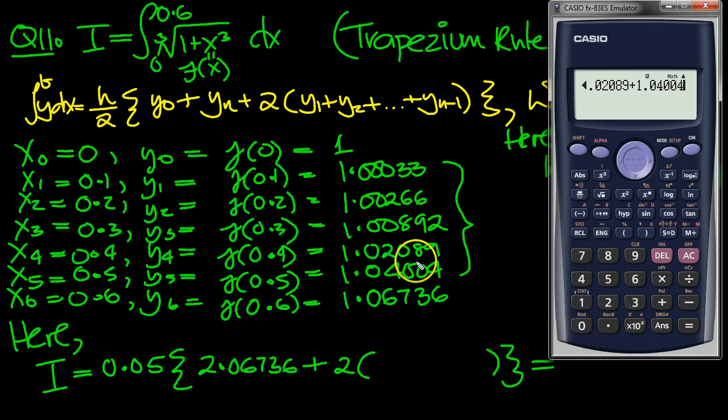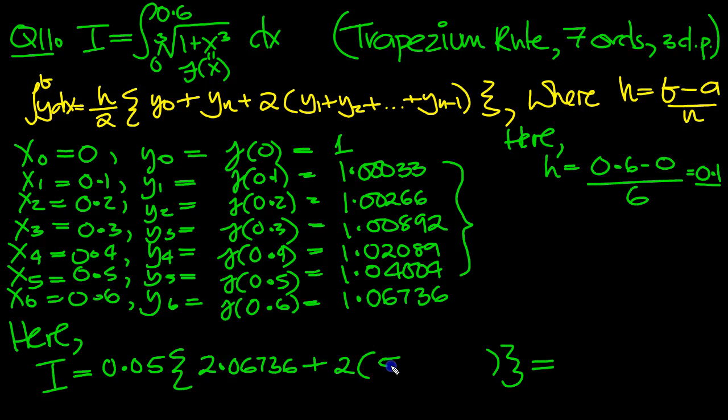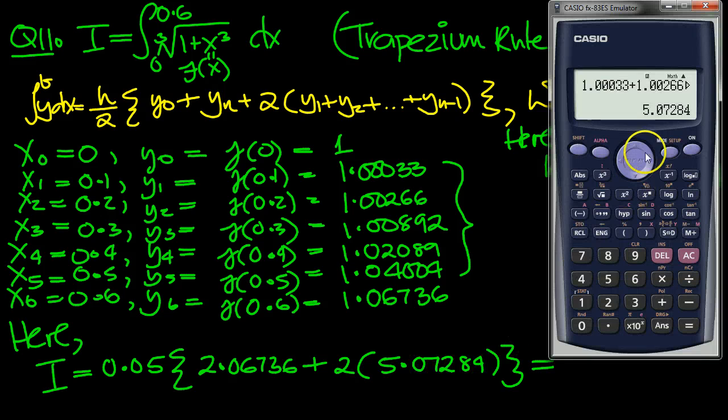That's it. There are the numbers in between. Equals 5.07284. We've got that in the calculator here.